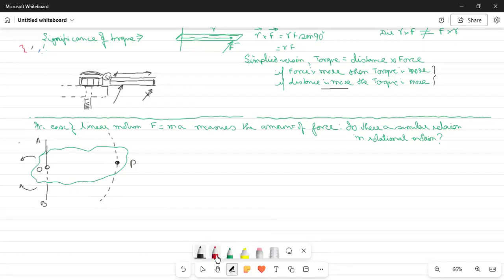It will have a tangential velocity v. This we have seen from our lesson of circular motion. It will also have a tangential acceleration a. This tangential acceleration and tangential velocity both are linear.